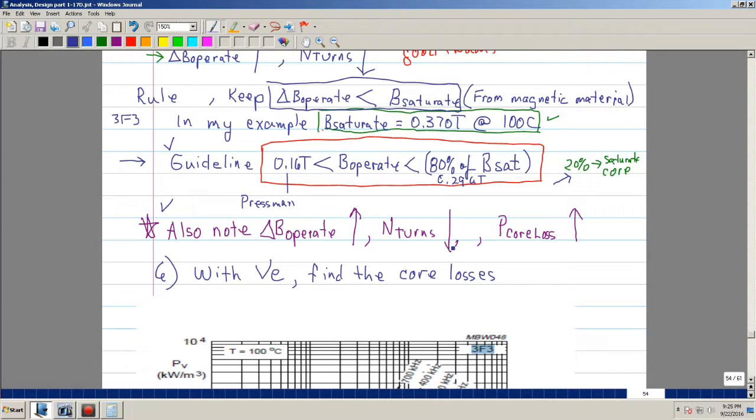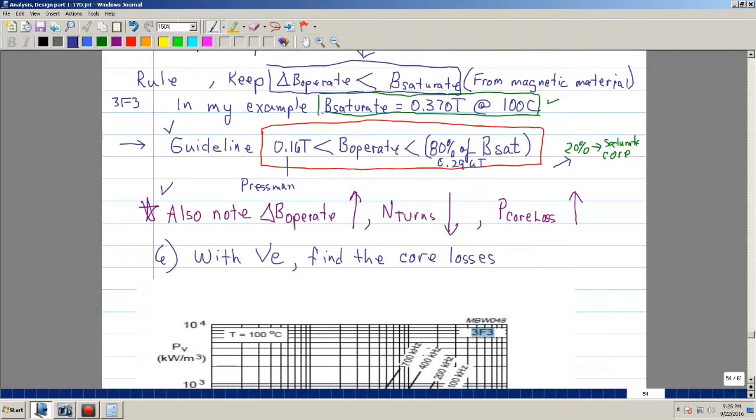But on the other hand, your core losses, in other words, power losses in the core, actually goes up. So let's see why I'm making that statement.